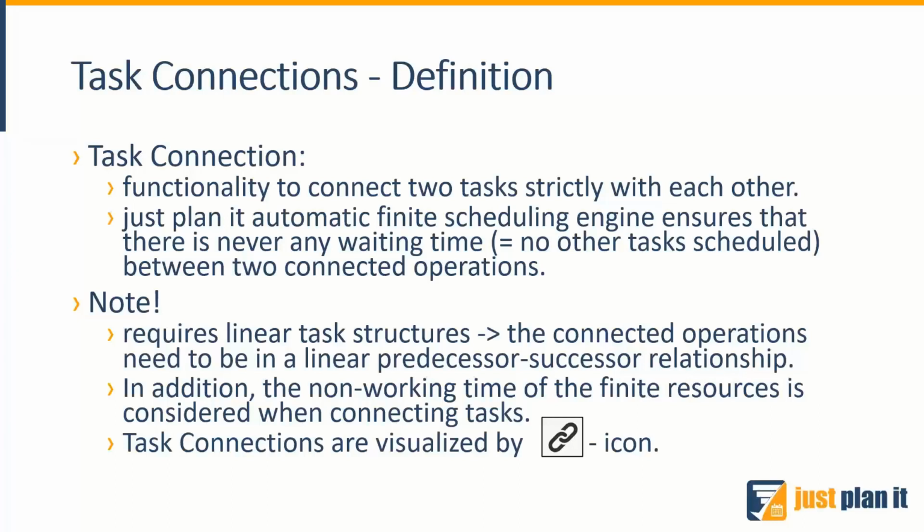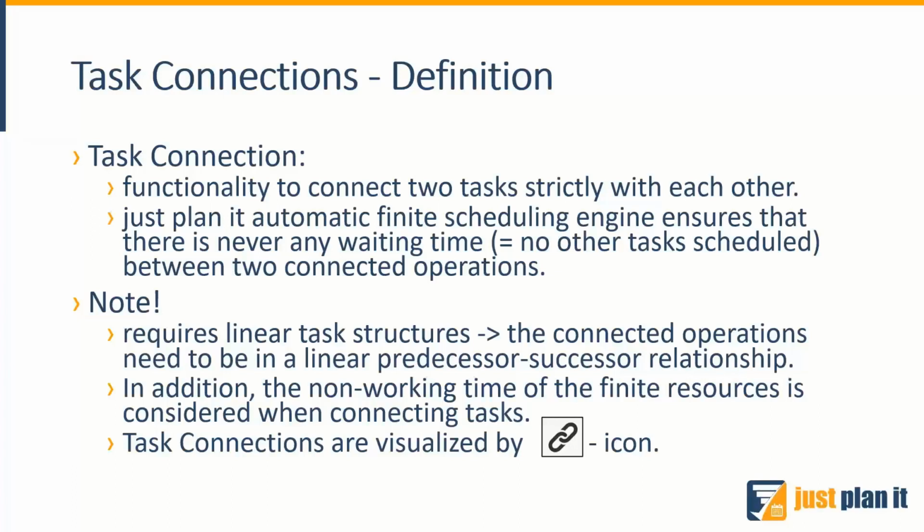So if you remember my example job to explain the KPIs to you, that assembly job in the end, you could not connect the two predecessor operations to that, as that wouldn't be linear. But you could connect one of them. So one task can be connected with one other, which implies that you can connect linear task structures.